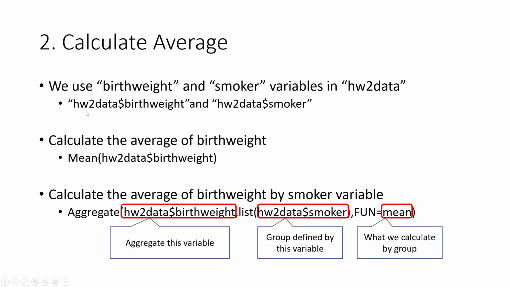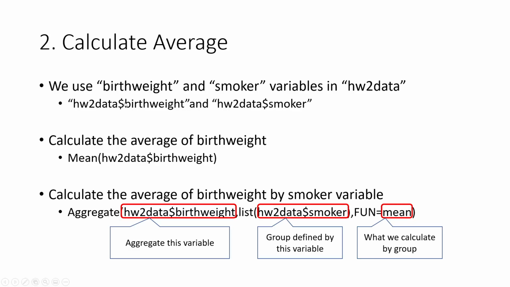And in R, we are going to denote them as HW2 data dollar mark birth weight. So the birth weight variable of this data set and the smoker variable of this data set, right? So when you need to specify the data set, this is the syntax.